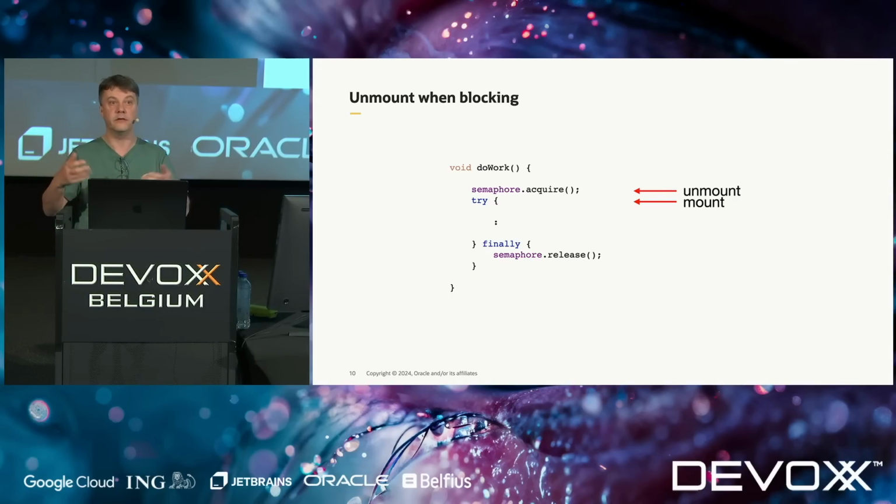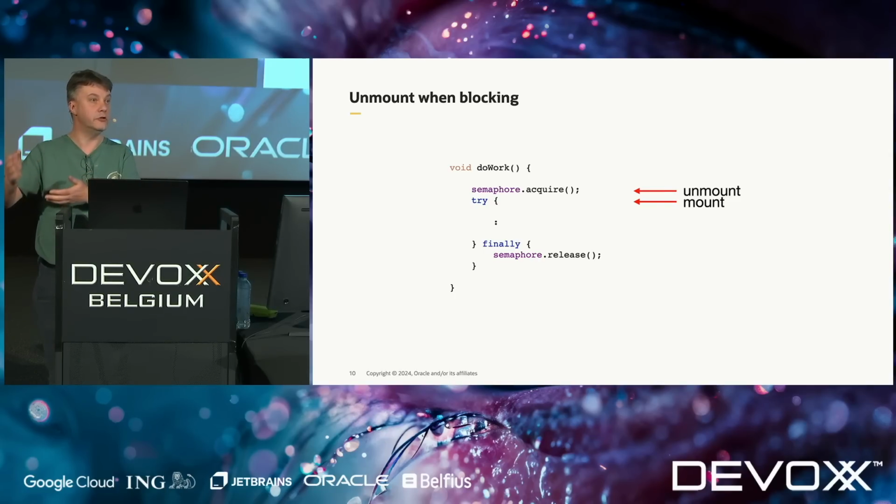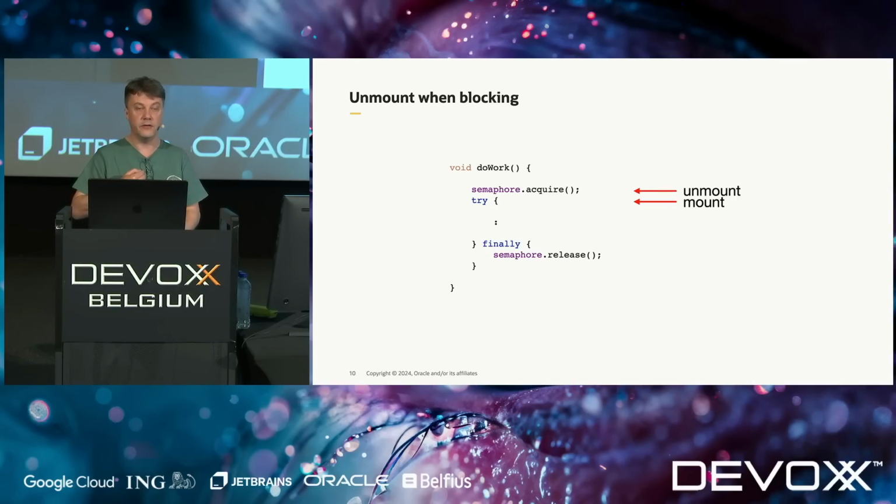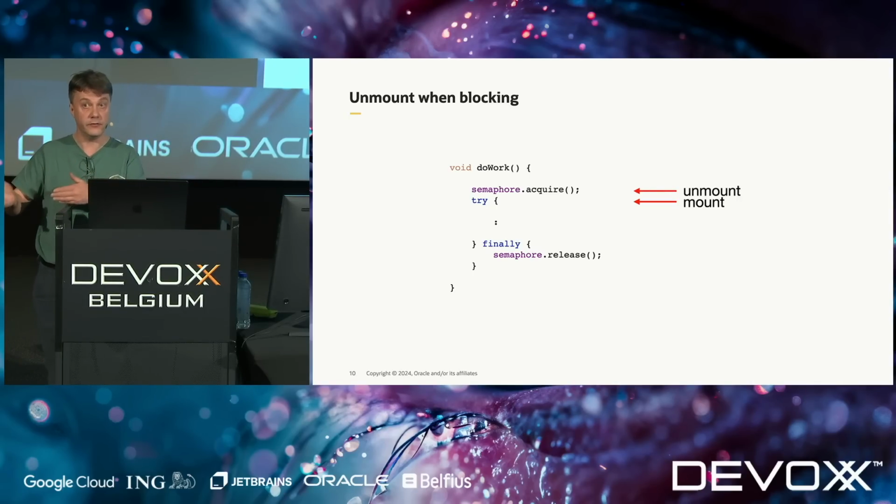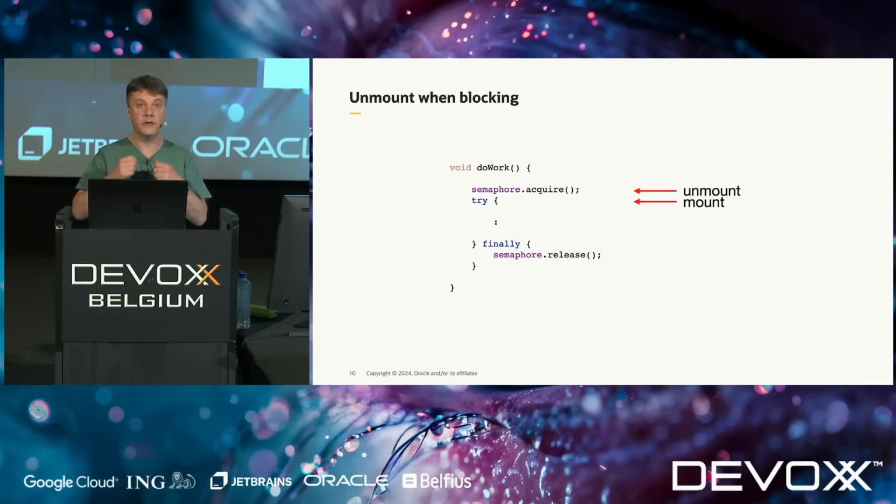What happens when it blocks? It unmounts from its carrier thread, which makes that thread available to go and do other work. When a permit is available, the virtual thread can execute again, so it's remounted on a carrier, maybe a different carrier than previously, and it continues execution. So here we have mounting and unmounting.